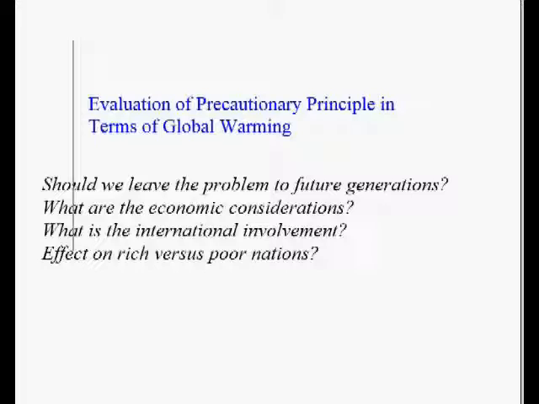We shouldn't be holding the bag by ourselves. And finally, what is the effect on rich versus poor nations, right? So if you're a poor nation, going ahead and doing this won't have a big effect on you because you didn't have much to begin with. But for us, if we go ahead as they wanted to and limit our output by 10% of greenhouse gases, this would have a huge economic result for our country.